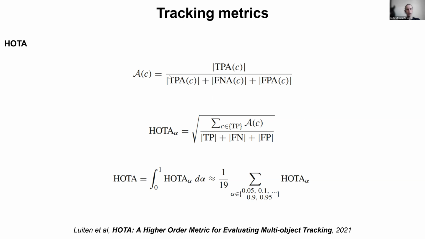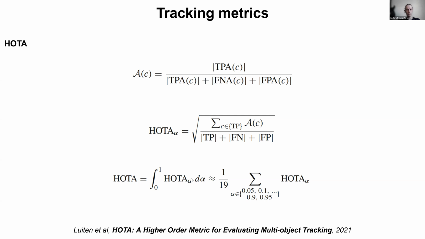Here, TPA stands for true positive associations, FNA stands for false negative associations, FPA for false positive associations, and A of C the authors call the association score. And alpha here, you see, is the localization similarity threshold.